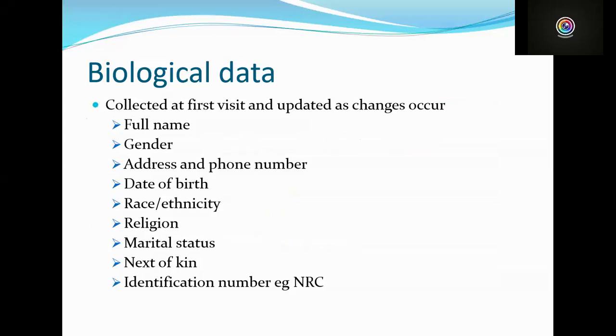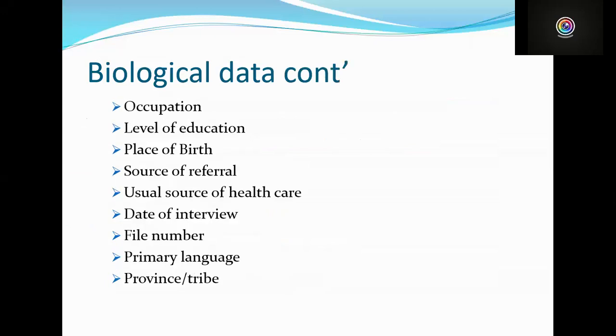Then under biological data, you want to ask about the occupation, because there are certain occupations that may pose a risk for certain conditions. For example, those that work in the mines, they work underground, they may be predisposed to silicosis and other chest problems.